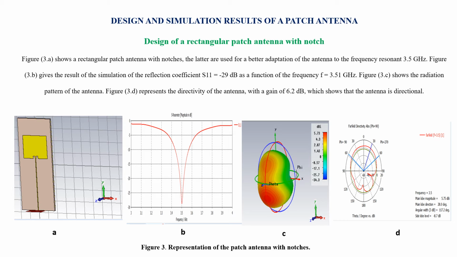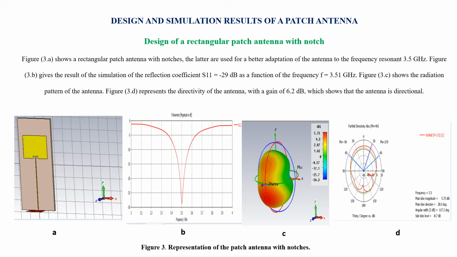Design of a rectangular patch antenna with a notch. Figure 3 shows a rectangular patch antenna with a notch. The latter are used for a better adaptation of the antenna to the resonant frequency 3.5 GHz. Figure 3b gives the result of the simulation of reflection coefficient at the frequency 3.5 GHz.